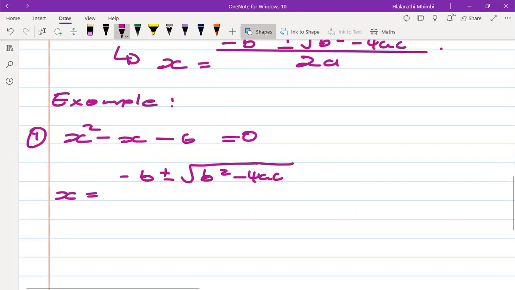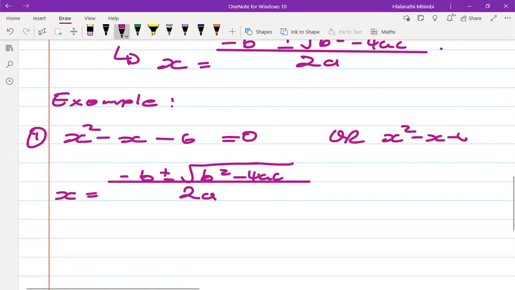Just give it a try. Or you can choose not to use the equation and use factors. In the class preceding this, I was showing people how to factorize, so you can factorize and do all sorts of things.